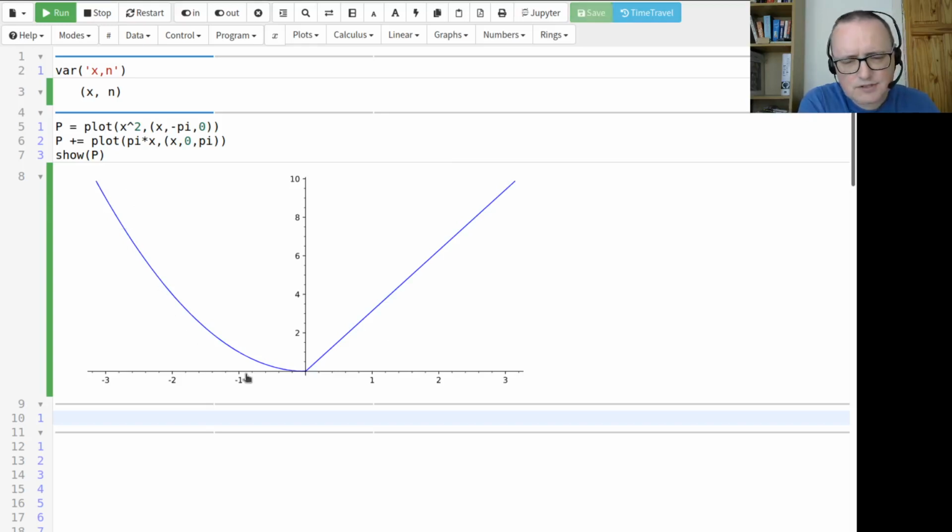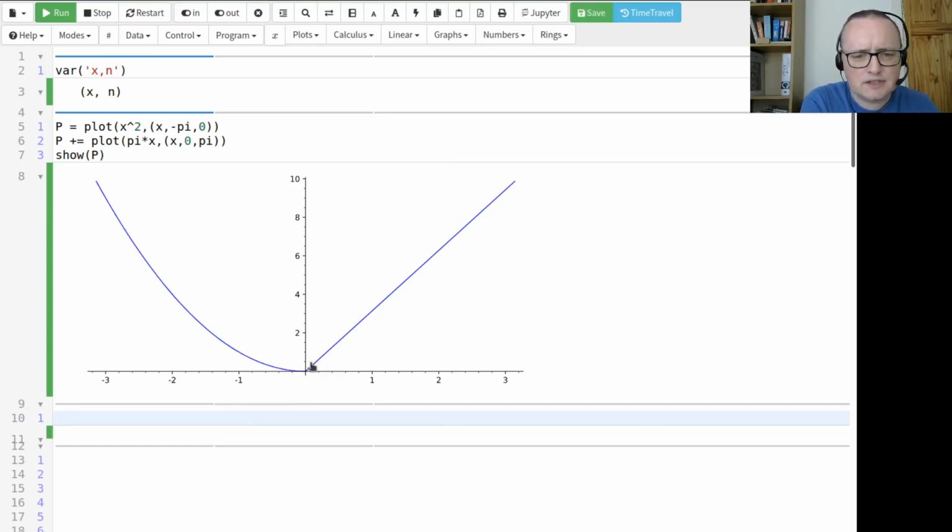It's a continuous function over the whole interval, although it does have a non-smooth point here, because if you think of the derivative of this function, as you approach 0 from the left, the derivative is approaching 0, but then it instantaneously jumps to a derivative of pi on the linear part. So the first derivative isn't continuous everywhere. It's got a discontinuity at 0, but the function itself is continuous.